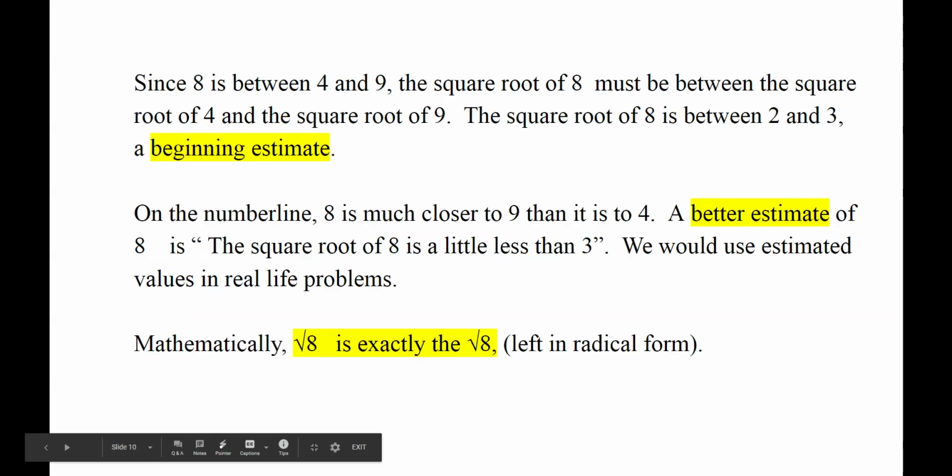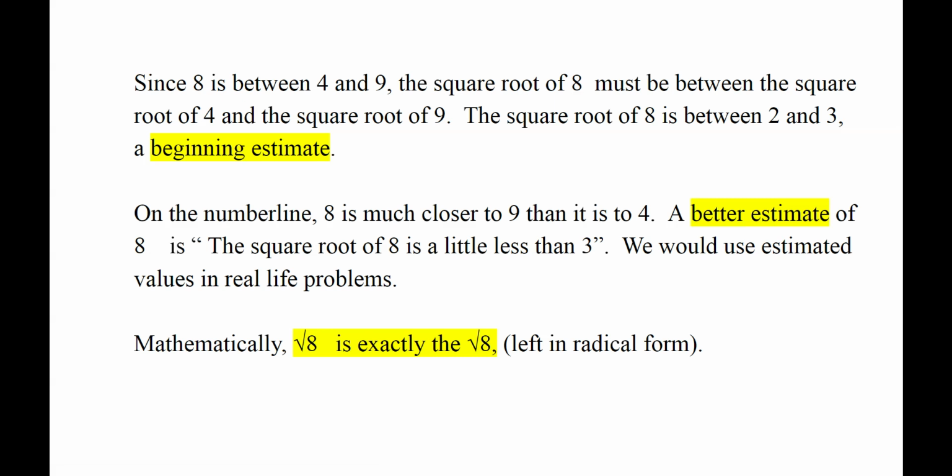Since 8 is between 4 and 9, the square root of 8 must be between the square root of 4 and the square root of 9. The square root of 8 is between 2 and 3, a beginning estimate. On the number line, 8 is much closer to 9 than it is to 4. A better estimate is that the square root of 8 is a little less than 3.